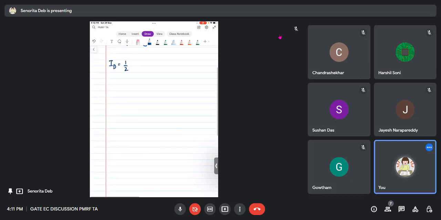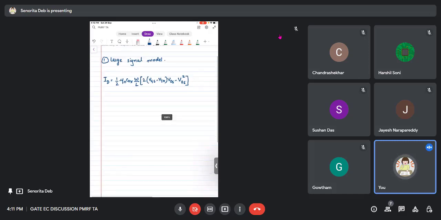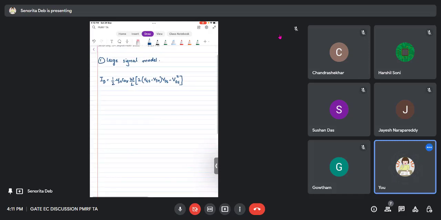So we saw the formula ID equals half mu n COX W by L times 2 times VGS minus VTH into VDS minus VDS square. This was one formula that we had seen, in triode region.